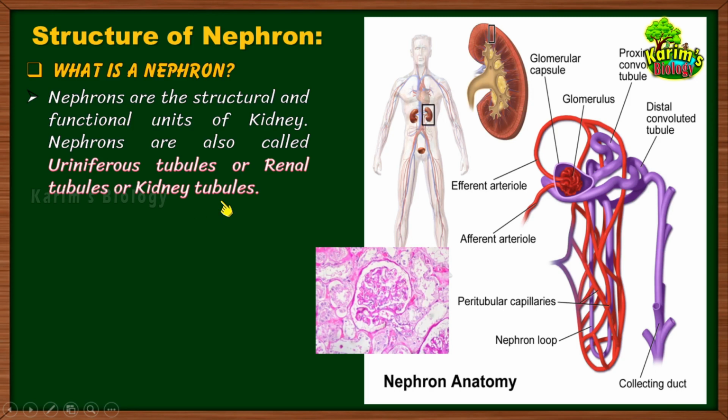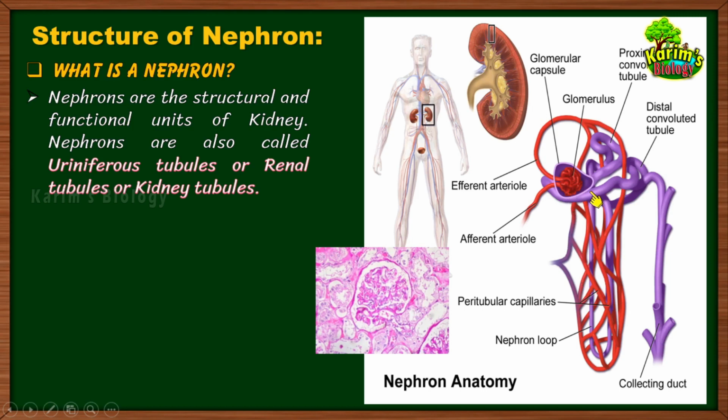And why are they called functional units? Because the functioning of the kidney is actually carried out by these nephrons. In other words, the functioning of the kidney depends upon the functioning of all the nephrons present in the kidney.